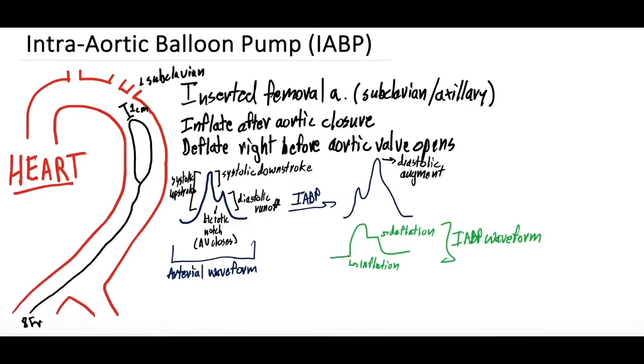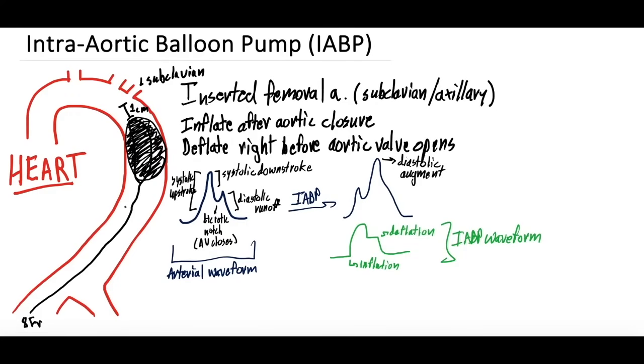By doing so, you could think of it as plugging this area of the aorta during diastole, so that the pressure stayed higher. The diastolic pressure you're seeing in the arterial waveform stayed higher, because you don't get that diastolic runoff since you've plugged the aorta here. I hope that makes sense.